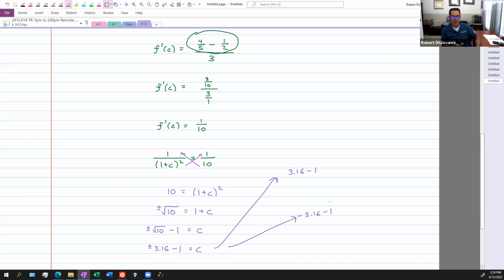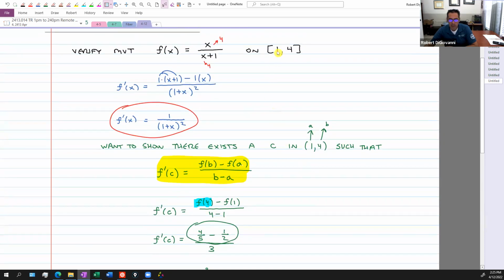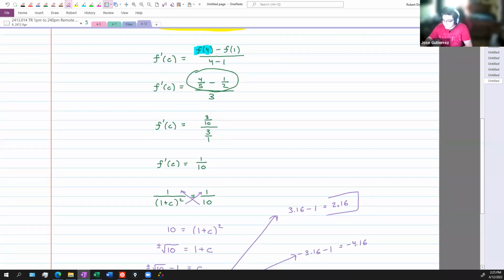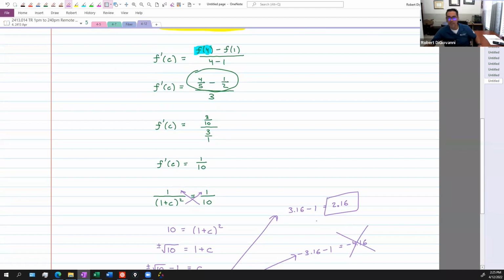This one is 2.16, and this one is negative 4.16. Now, are both of these answers in my interval? No, only one of them. The only one that's in there is 2.16. This one's outside.